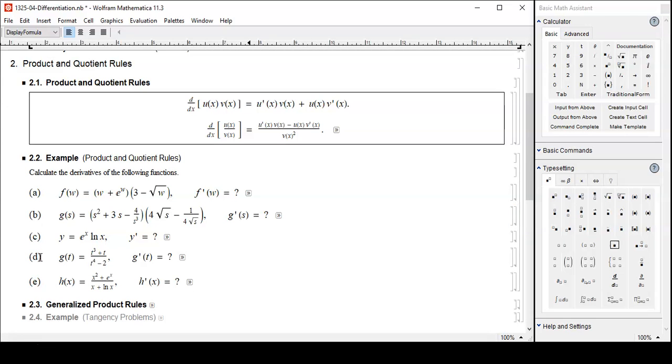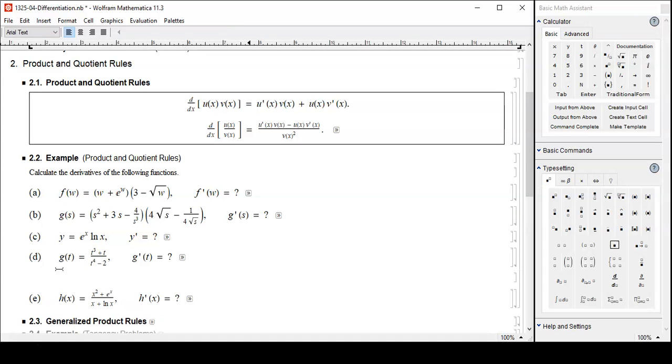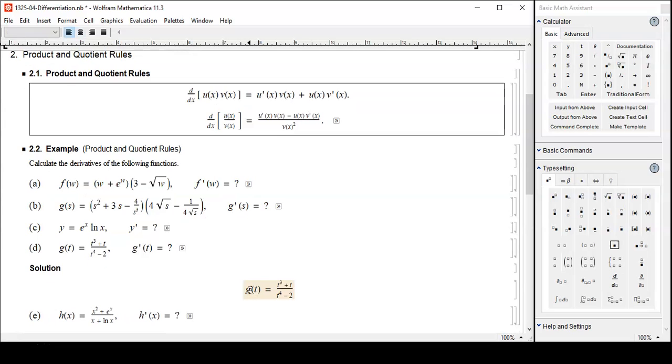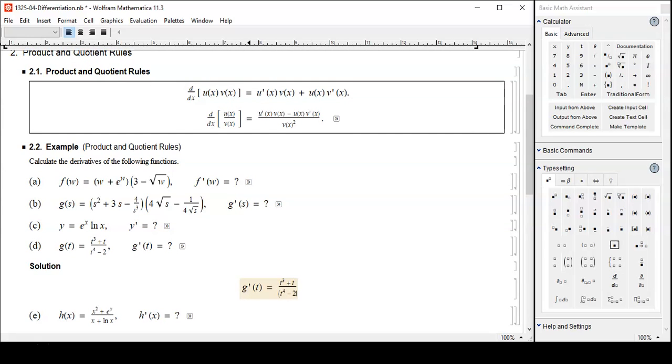Now let's go to a quotient rule. Now, what's the derivative? Well, first of all, the denominator squared. And as for the numerator, we need u prime v minus u v prime.